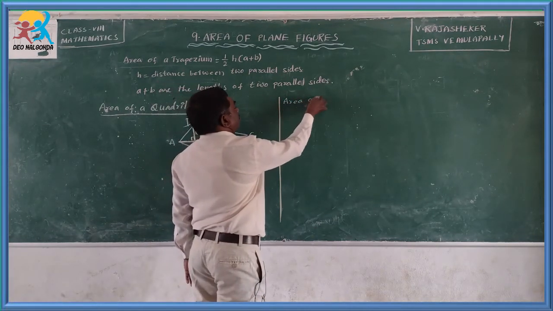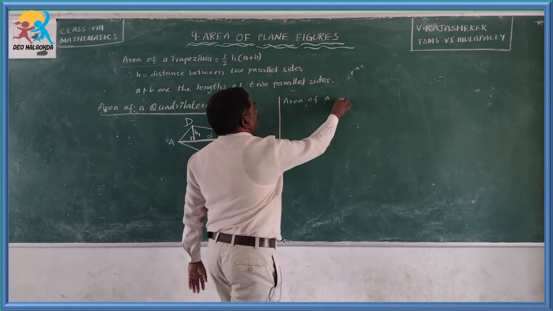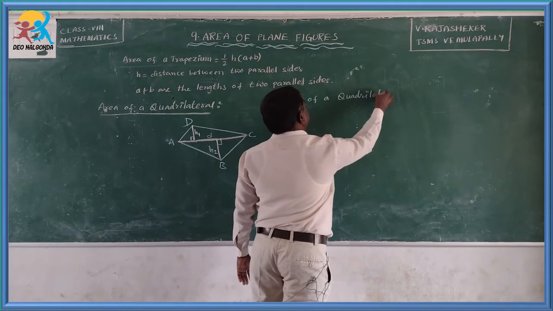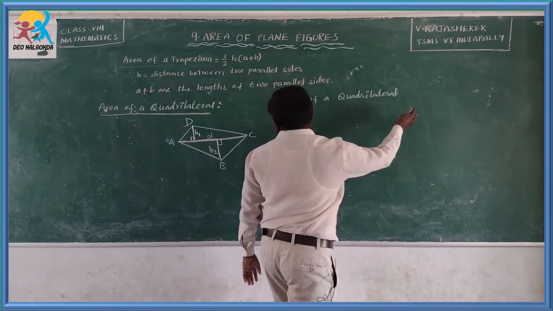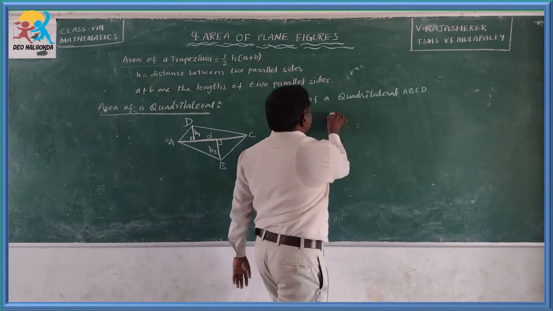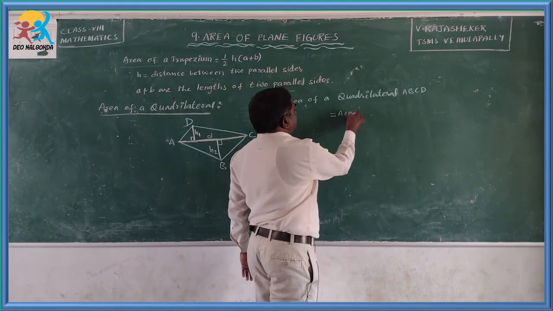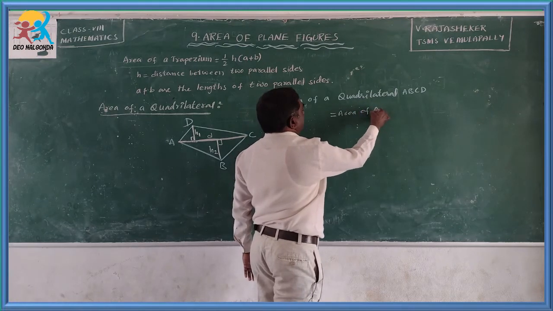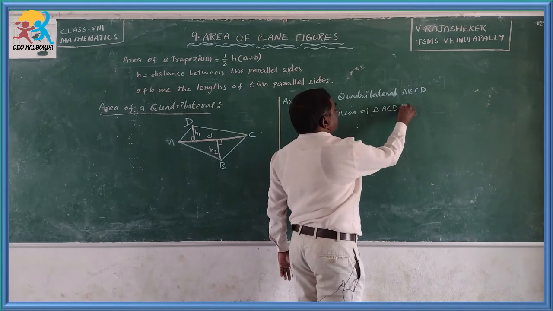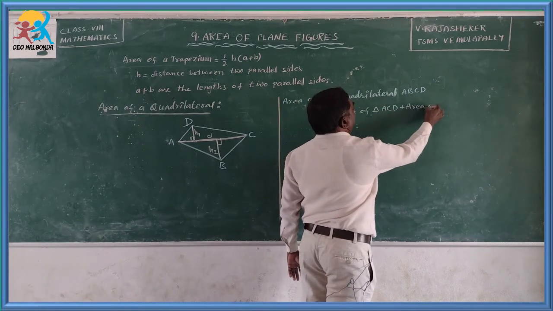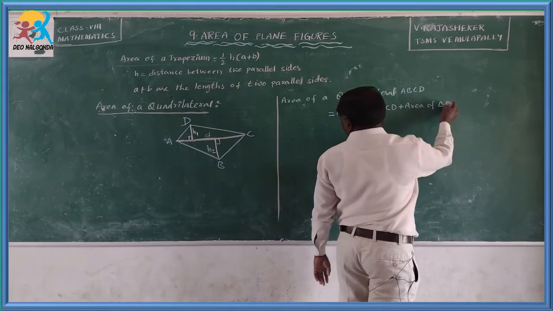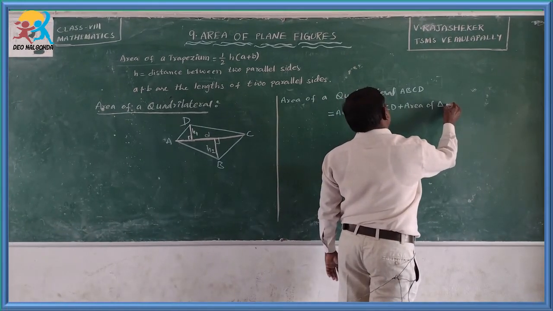Area of quadrilateral ABCD can be written as area of triangle ACD plus area of triangle ACB.